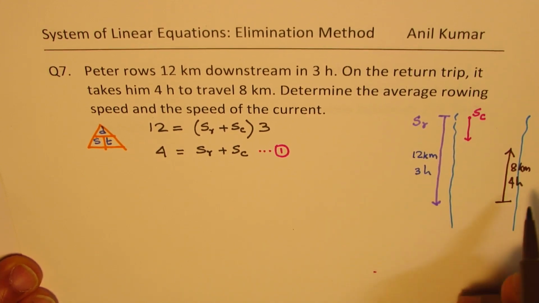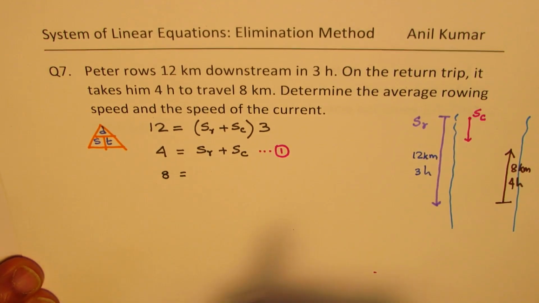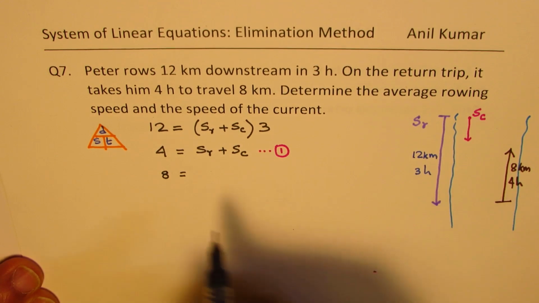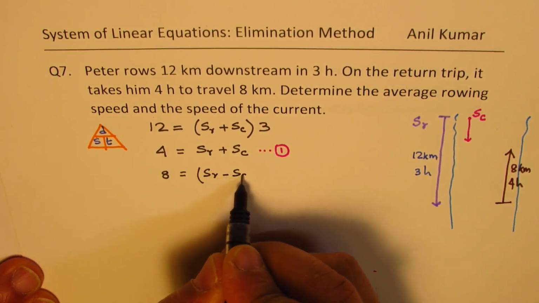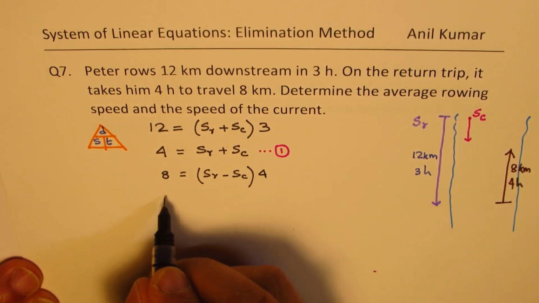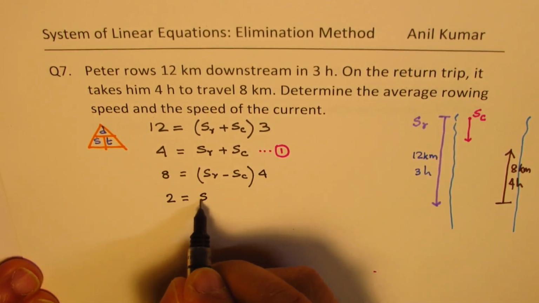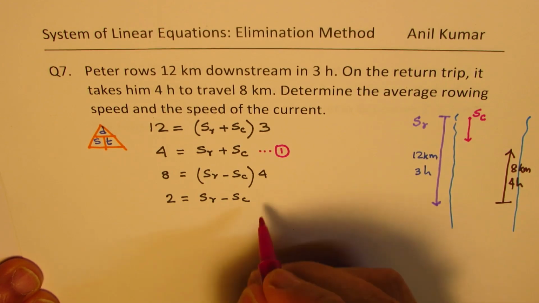Is that clear? So in this case, what we have is distance of 8 kilometers and speed is going to be the difference of the two. Speed of rowing minus speed of current, and time taken is 4 hours. You can again simplify. We get 2 equals speed of rowing minus speed of current. So we get our second equation.